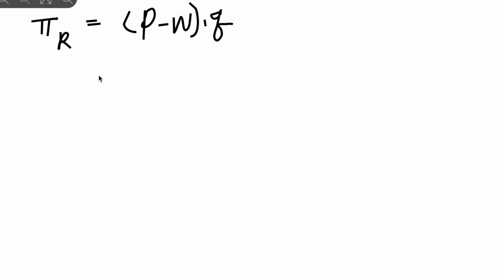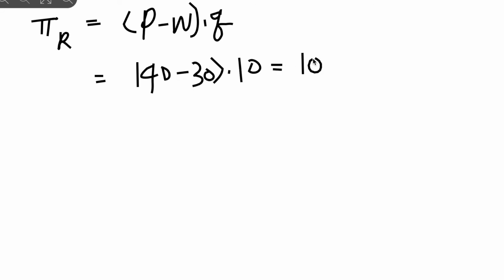So the total profit of the retailer equals what? P negative W times Q. That is equal to 40 negative 30 times 10, and we get 100 profit in the total market. What that means is, again, each side takes half of the market, right?